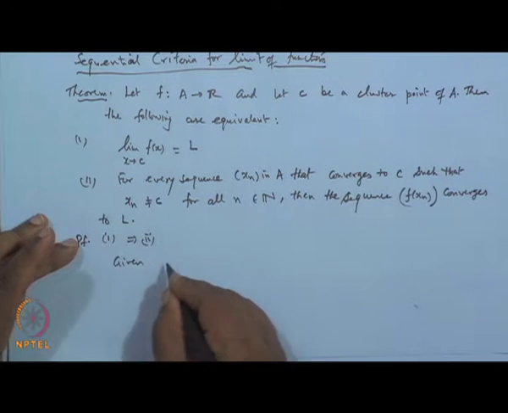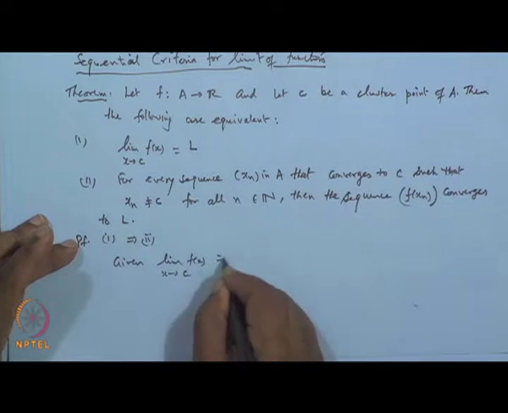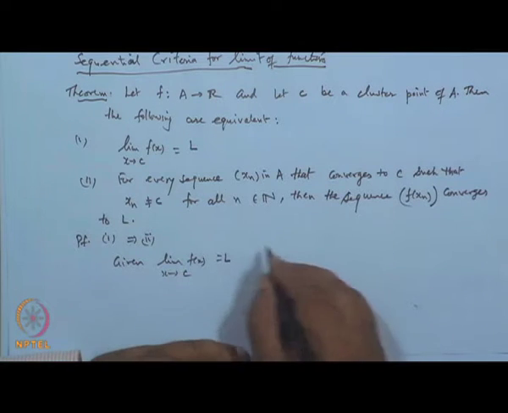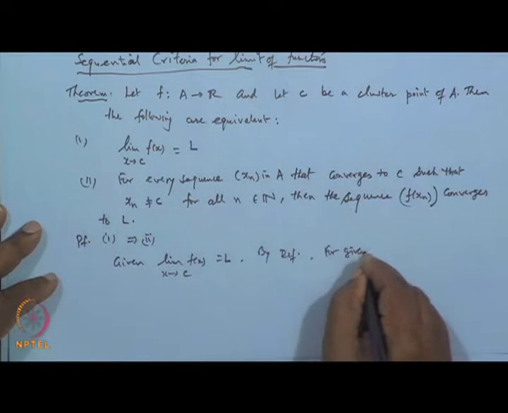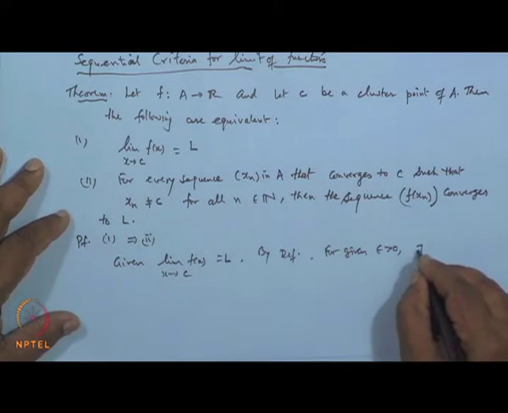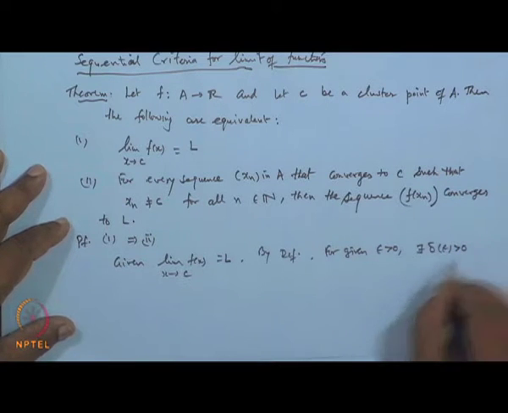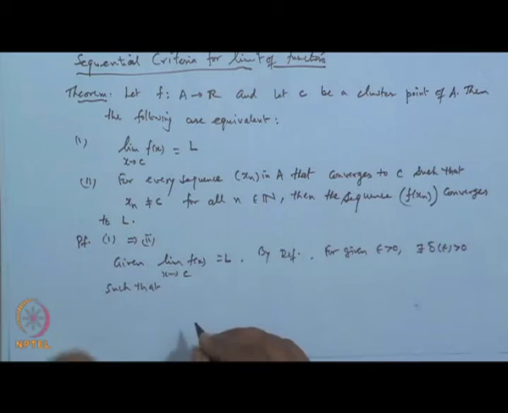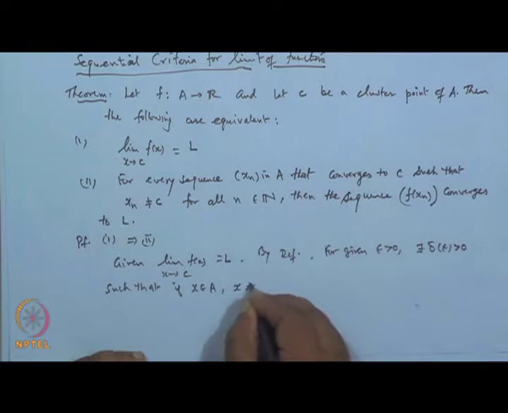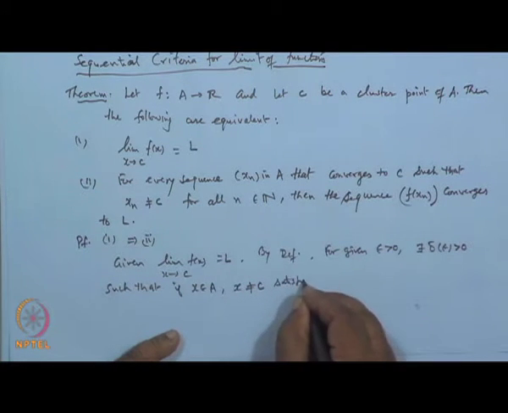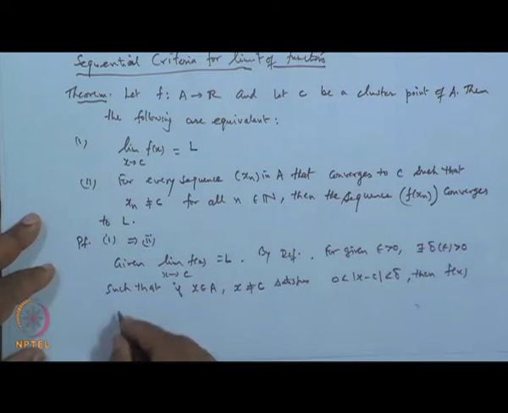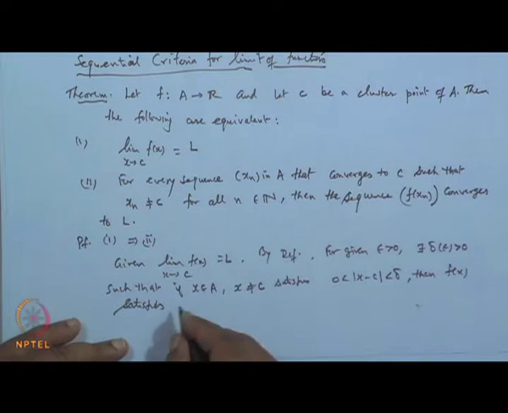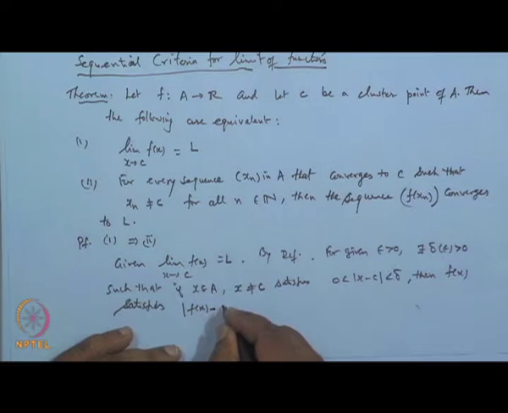Given the limit exists, limit of f x when x tends to C is L, so by definition, for a given epsilon greater than 0, there exists a delta, which depends on epsilon, positive, such that for all x, if x belongs to A, x is not equal to C and satisfies 0 less than mod x minus C less than delta, then f x satisfies the condition mod f x minus L is less than epsilon.